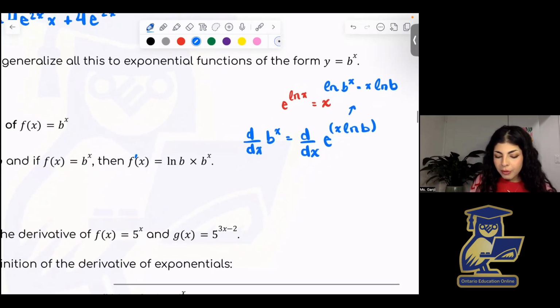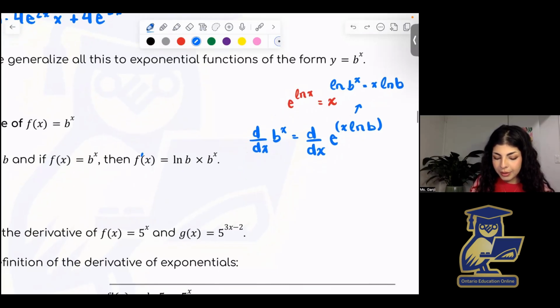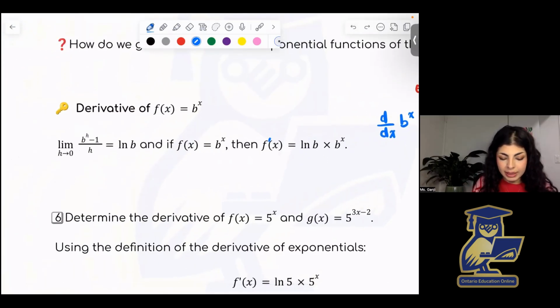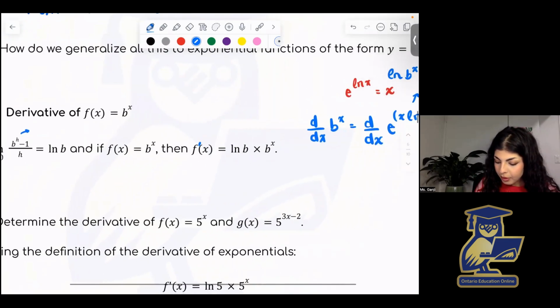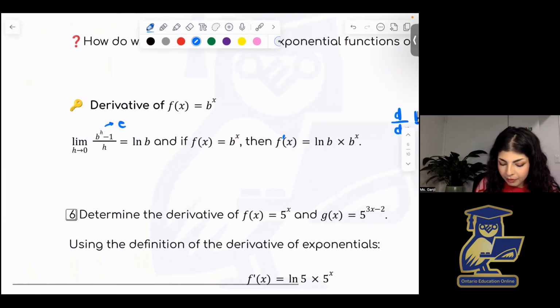And so from here, I can do a change of variable. So I would let u be equal, and actually going back to here, because we want to work with this limit, I would let this be equal to e to the power of h natural log of b.